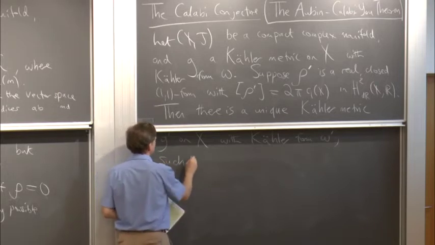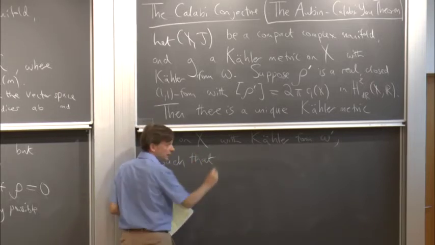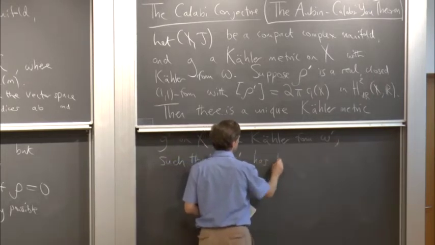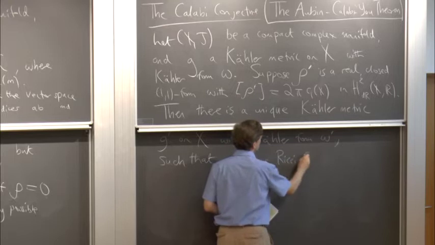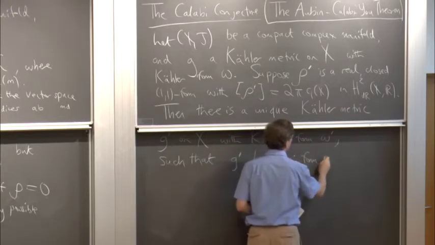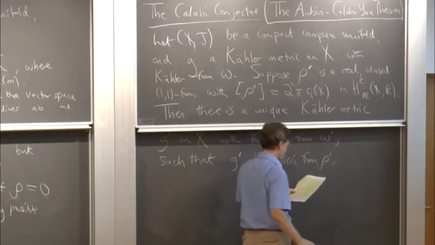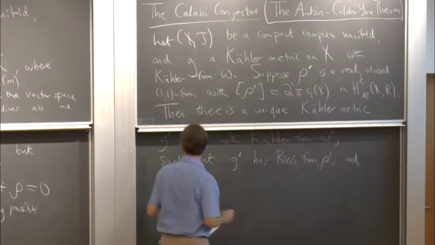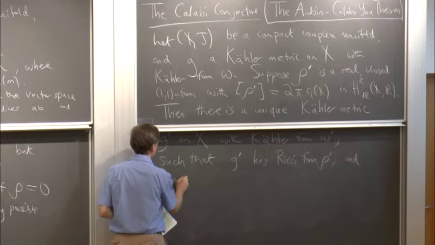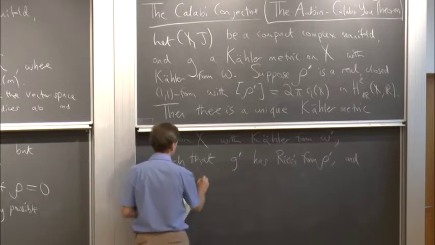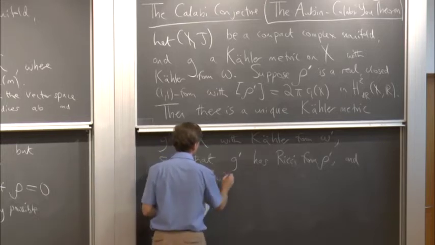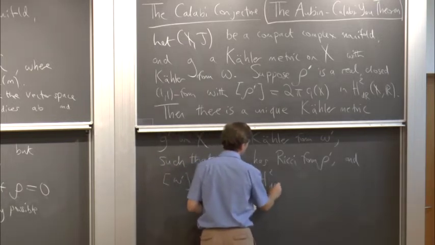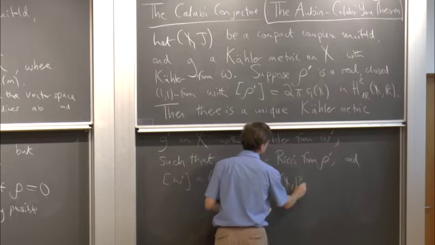Firstly, g prime has Ricci form rho prime, and the second condition is that [omega prime] equals [omega] in the second de Rham cohomology of X.